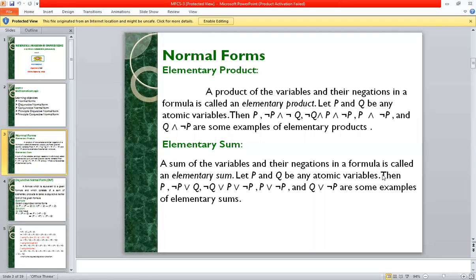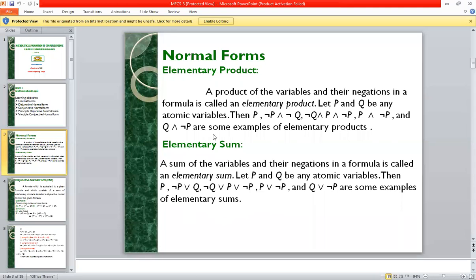Let P and Q be any atomic variables, then their sums are P, not P, Q, not Q, or P or negation P. Here in place of sum we are using the disjunction operator. So P or negation P and Q or negation P are some examples of elementary sums.